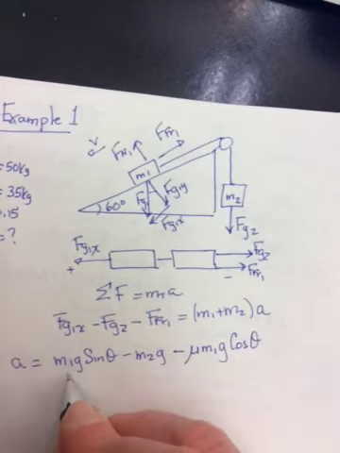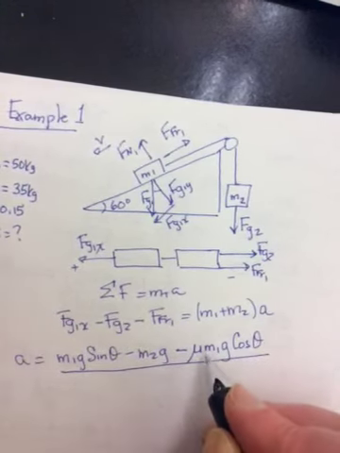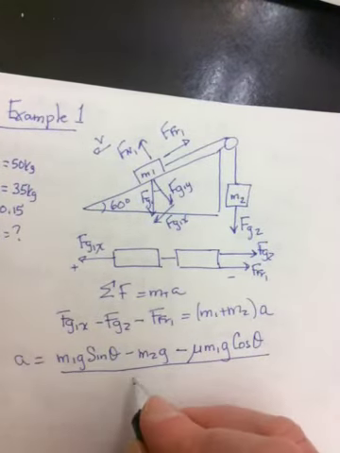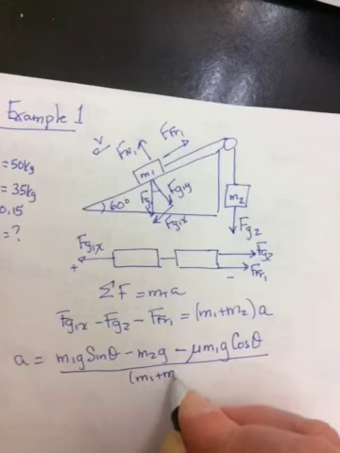Now you understand why I wanted to make sure you were good with inclines before we put multiple masses on there. And then this is divided by M1 plus M2.